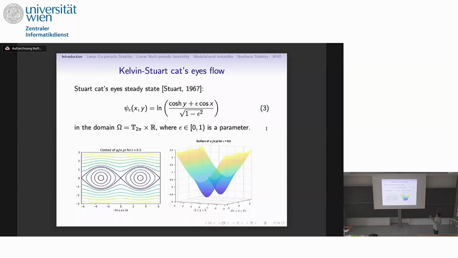If you follow the nonlinear evolution, these 2 islands will start to merge and form a larger island. Eventually it looks stable. But if you have 2 islands, you have the coalescence instability. In other words, these 2 things will start to merge. Any questions?